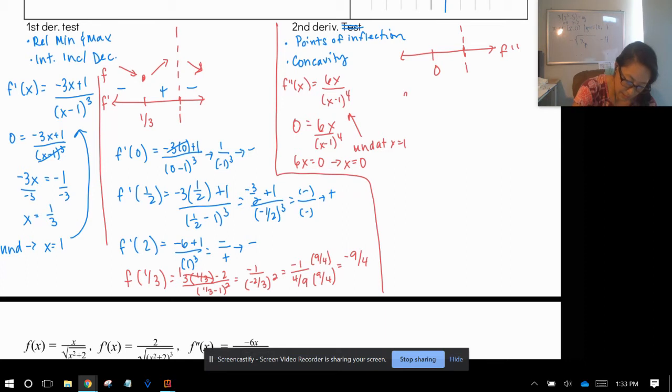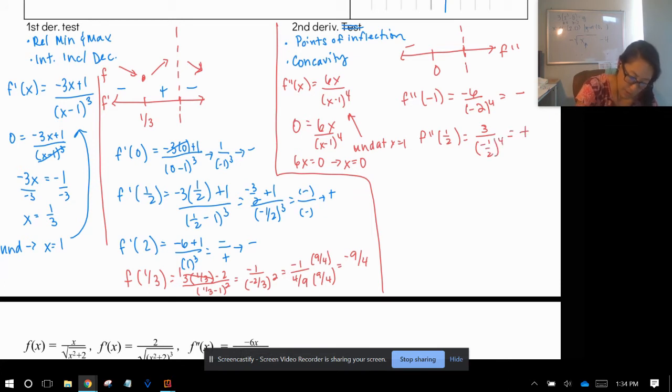Now we're going to test f double prime of, I'm going to choose negative 1, is equal to negative 6 over negative 2 to the 4th, which is going to end up being a negative. F double prime of 1/2, not 0, 1/2 is equal to half of 6 is 3 over half minus 1 is negative 1/2 to the 4th.